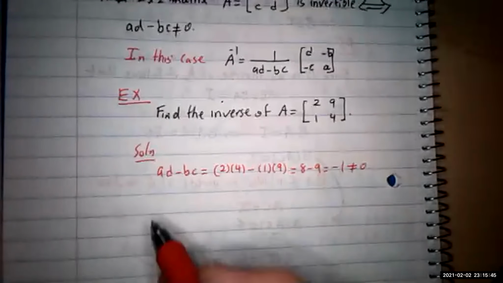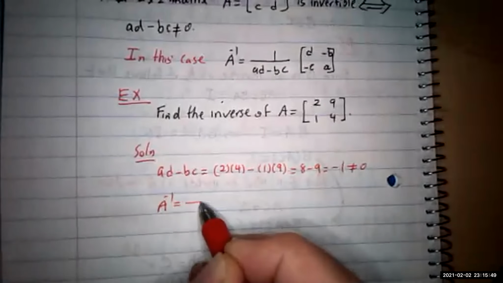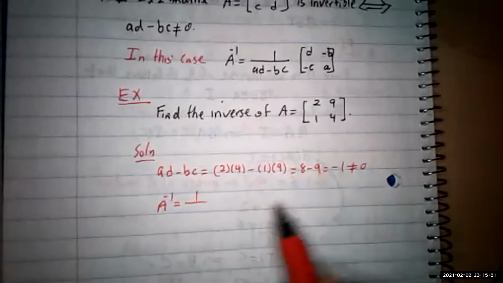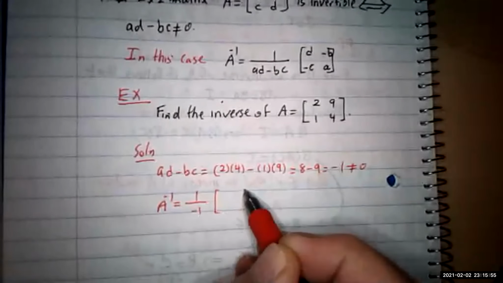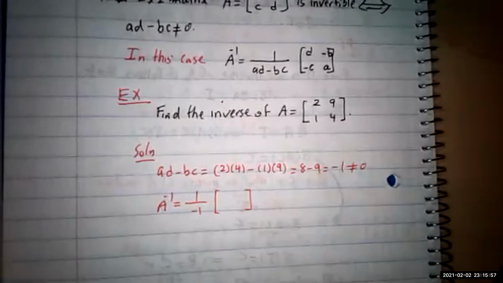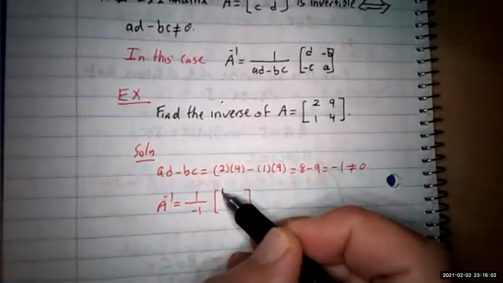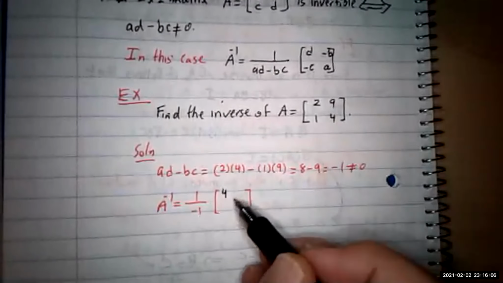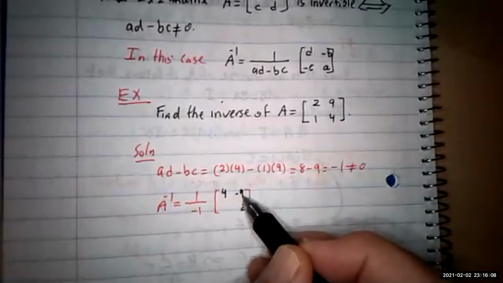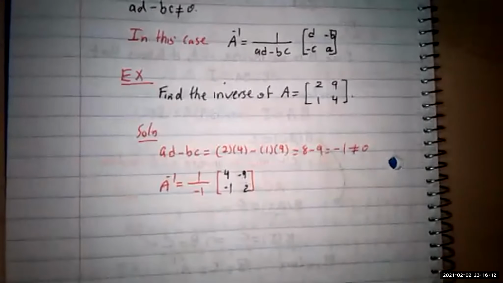So what's going to be A inverse? A inverse is equal to 1 over this number, negative 1, times the matrix. You switch the main entries, so this is going to be 4, this is going to be 2, and the opposite sides are negative 9, negative 1. Very easy.